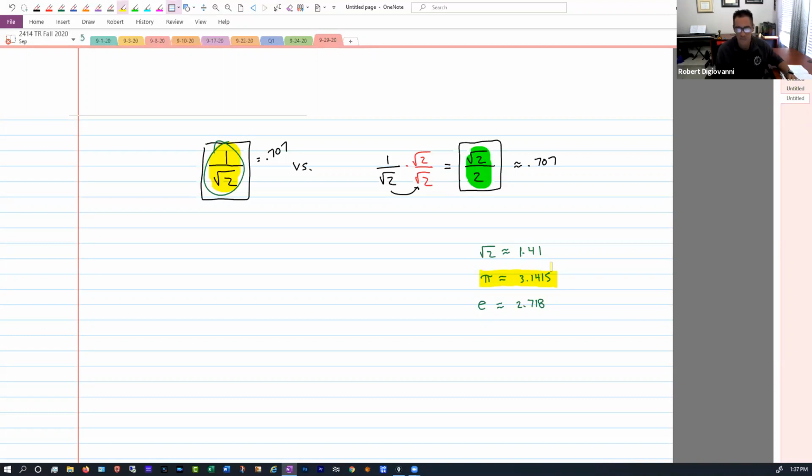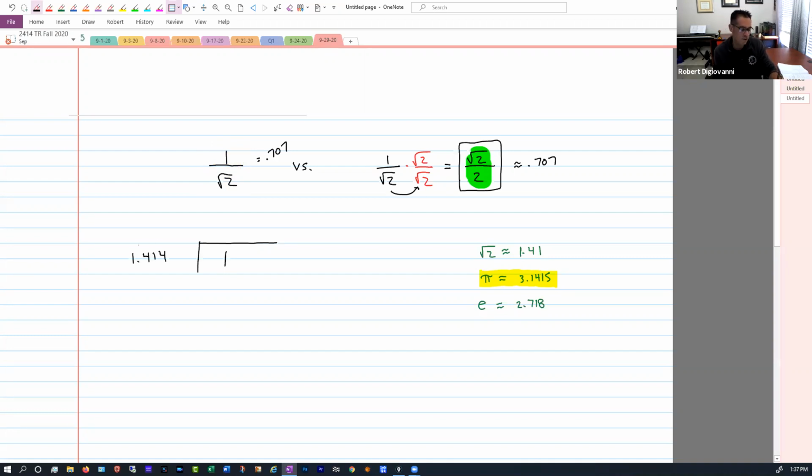But anyway, imagine you're trying to do this math problem, and all you have are these numbers memorized. Think about what math would be required to simplify 1 over root 2. You would have to go to old school long division. You'd put 1 in here, and out here you would do 1.414.